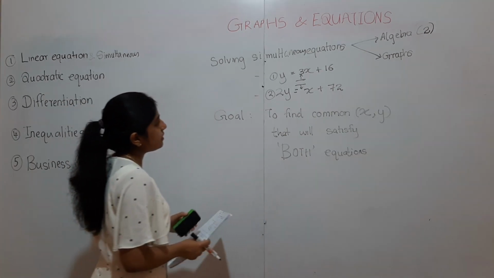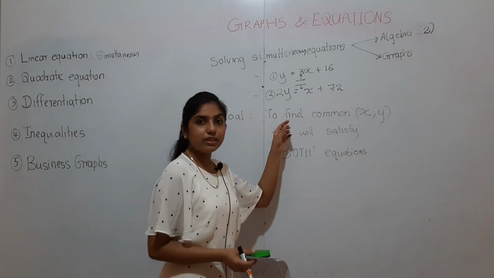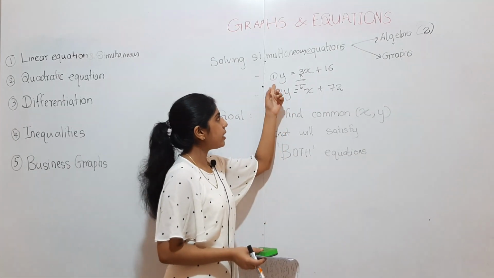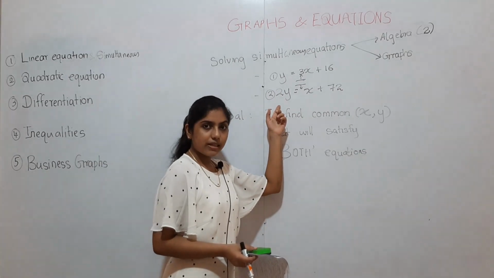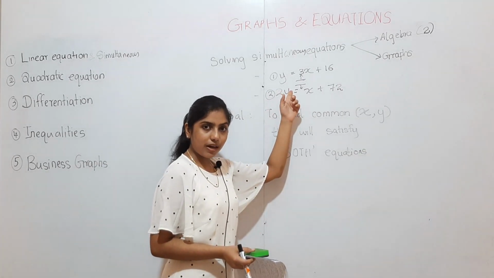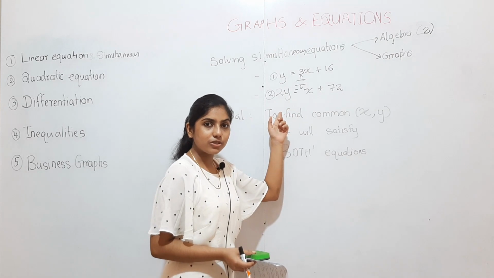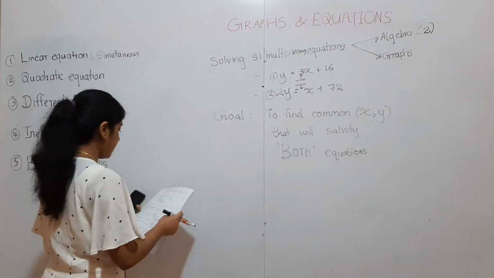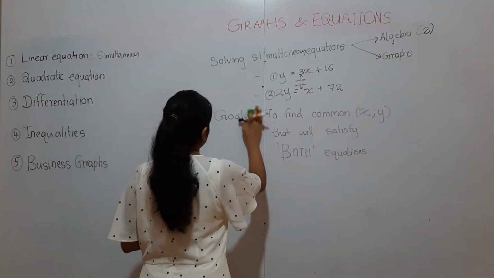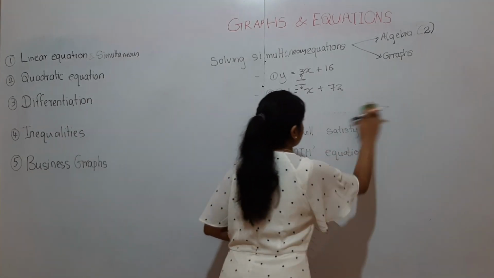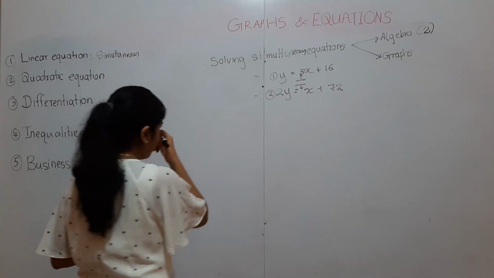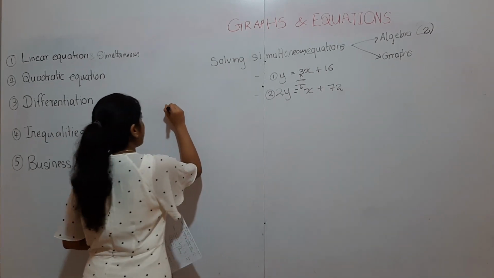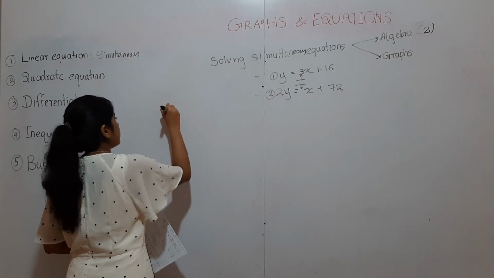It is to find the x and y value that will suit both equations, equation 1 and equation 2, making equation 1 equal to equation 2. So, the graph method. Step 1 is draw the line.